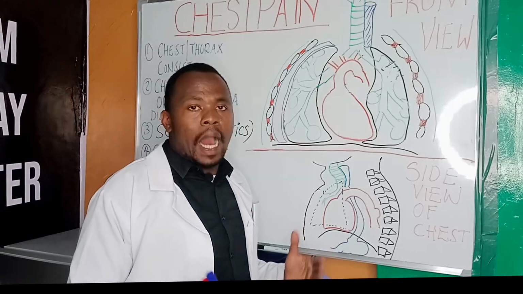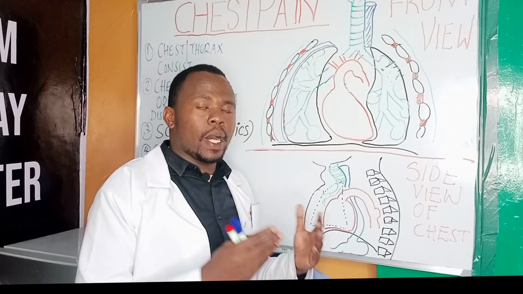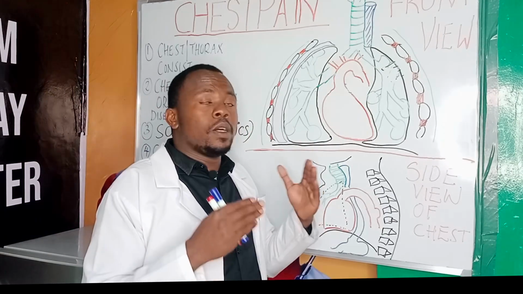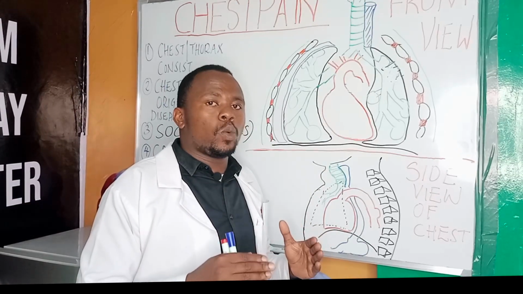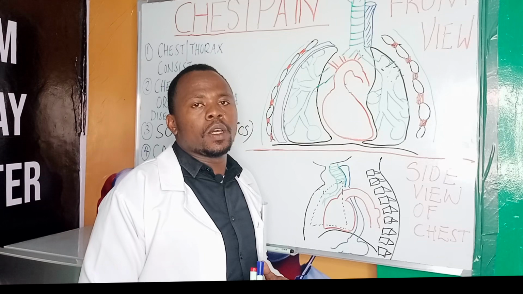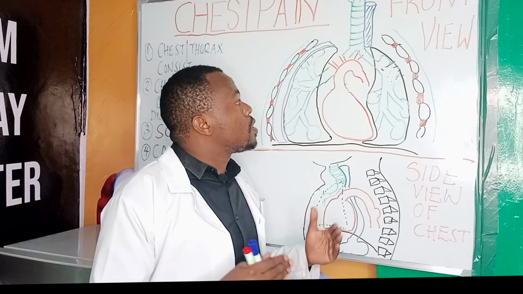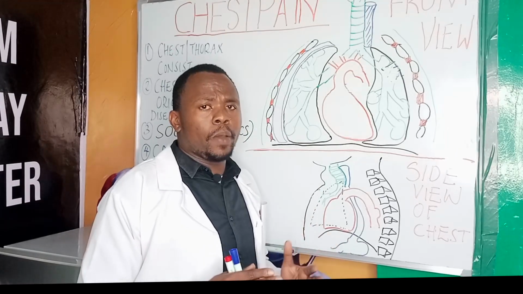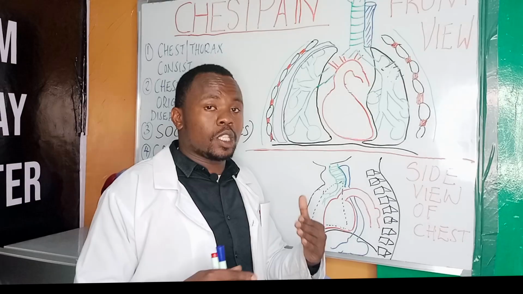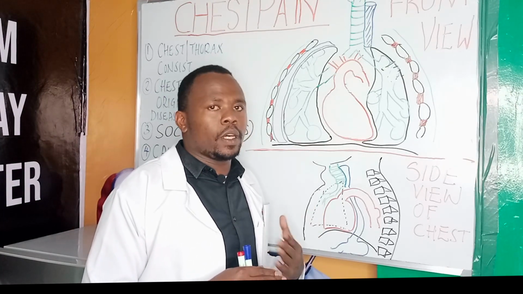Heartburn occurs when stomach acid flows back into the esophagus, into the food pipe. Then this acid will burn the innermost layer of the food pipe, resulting in swelling, or inflammation. This swelling of the food pipe will result in a disease we call esophagitis. Esophagitis will cause chest pain. You will have pain that feels like chest pain.